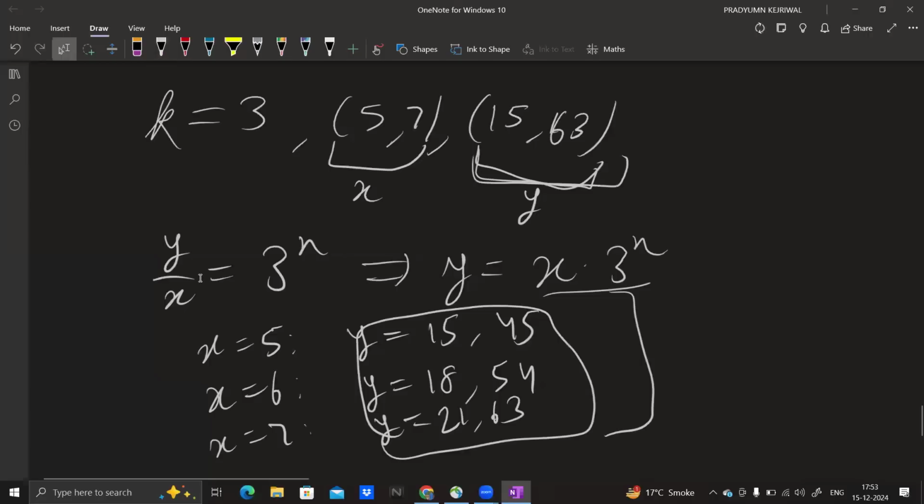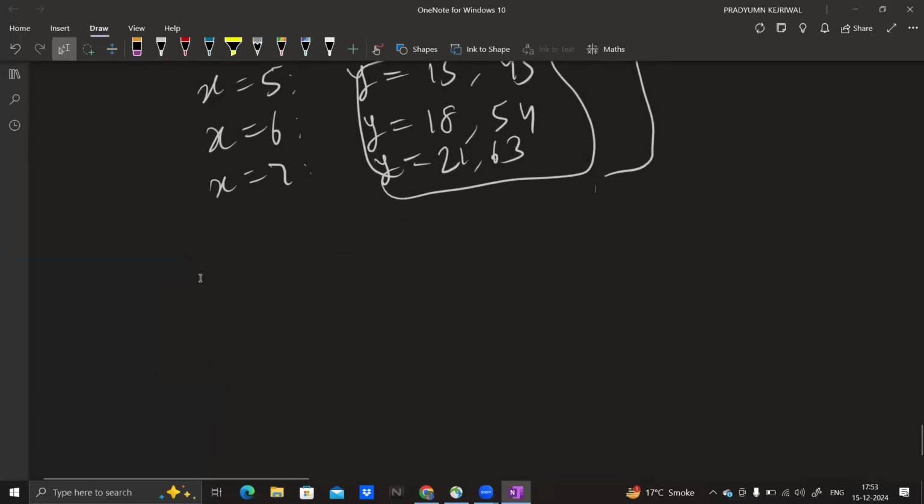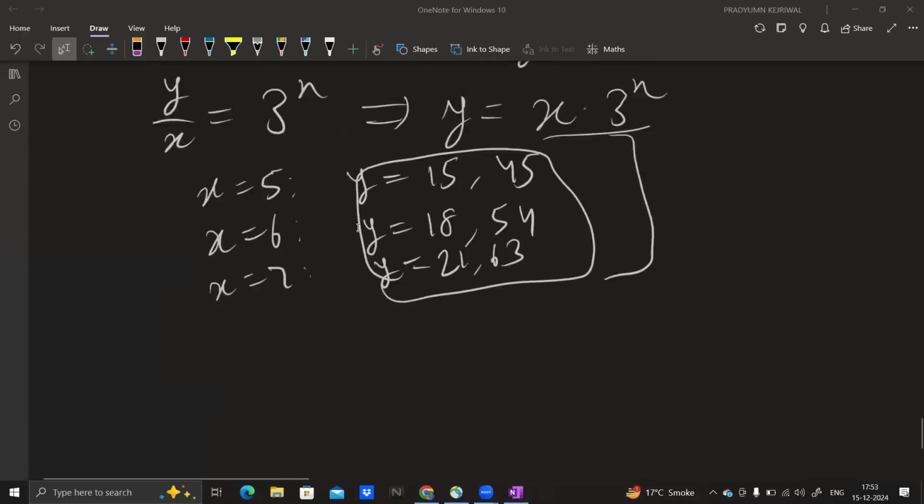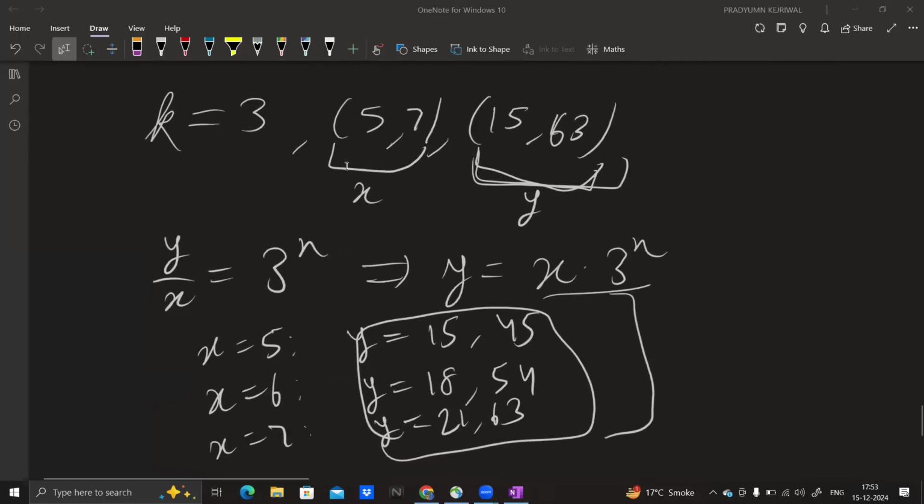So actually, as you can see, I iterated over the range of x. I just iterated from 5 to 7, and over the values of n. I did 2 iterations, and then I checked if the value of y was in the range or not.